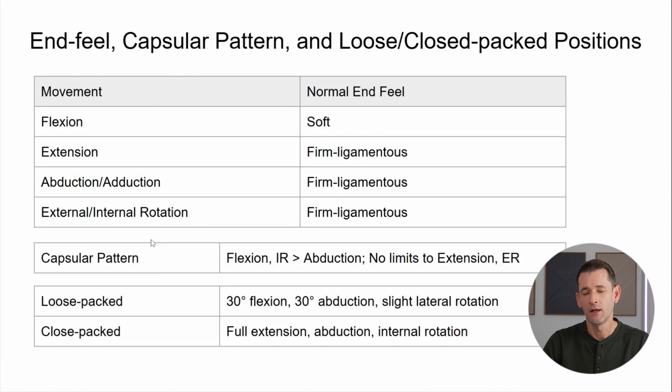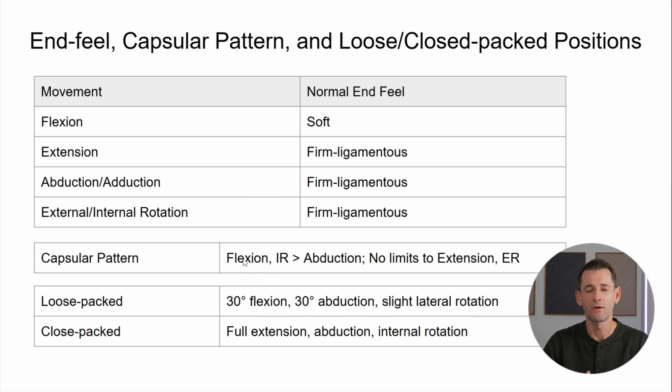Capsular pattern, this is the pattern of motion loss when the capsule is involved. So if there's any kind of inflammation or disease process that affects the hip joint capsule itself, when you do your assessment of range of motion, you will see that flexion and internal rotation will show the biggest deficits.